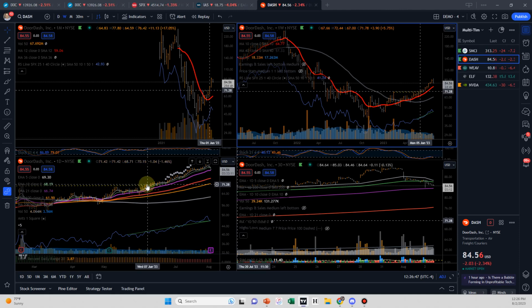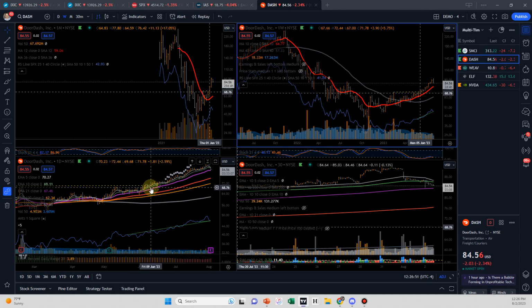Sometimes volume is heavy on the breakout, and of course, we've been taught that when you have heavy volume and price is moving, then that shows demand. Price can sometimes move without the heavy volume, and I think that this shows that. Would I be more comfortable if I saw the heavy volume?